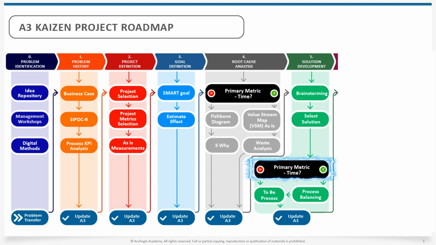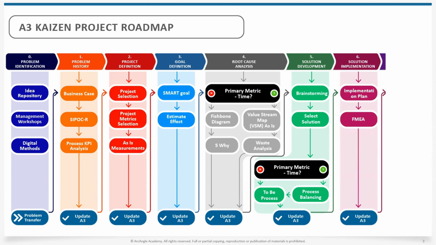Determining if the primary metric associated with the problem is time-related. If yes, process balancing, balancing workloads and activities to optimize the flow and efficiency of the process. If no, to-be process, go straight to designing a future state process that improves efficiency and addresses the root causes of the problem.